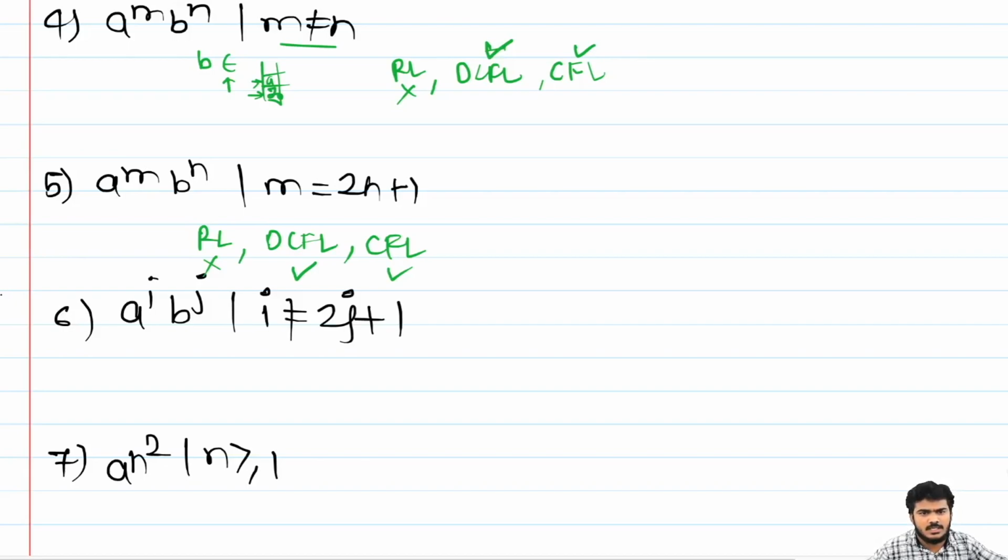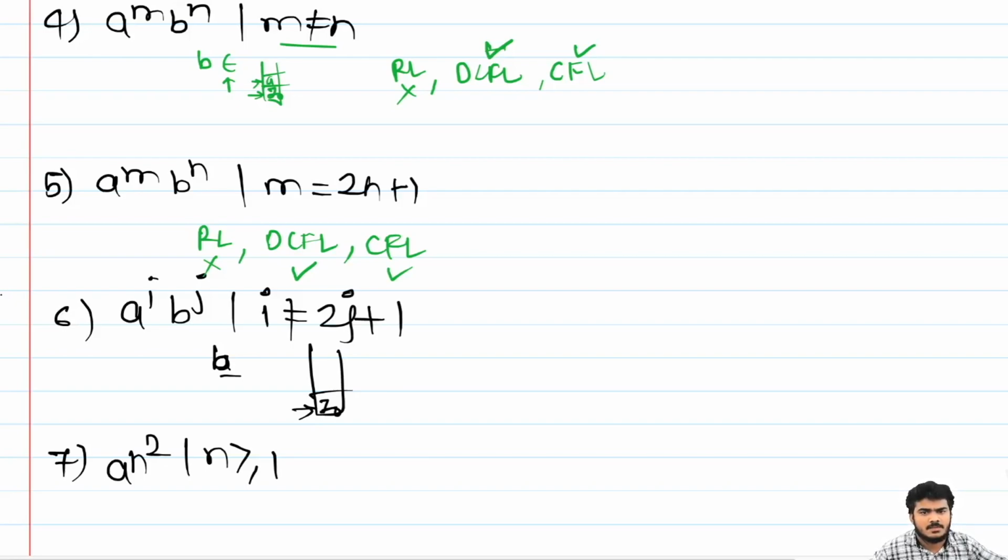For a single a, we will push two a's, and if we end up in a situation like this, a and then z naught, we will compare again like this. Now I am left with b, and the top of the stack is z naught, so we can say that i is not equal to 2j plus 1.